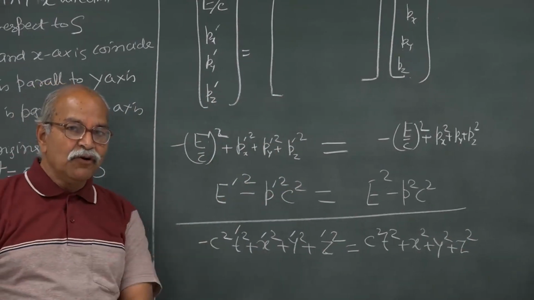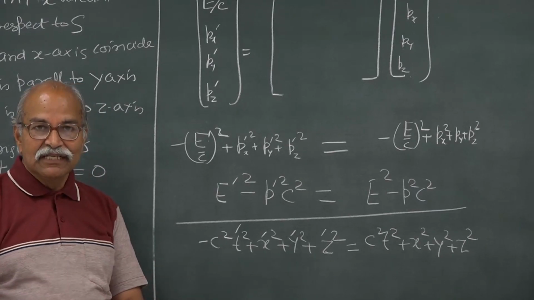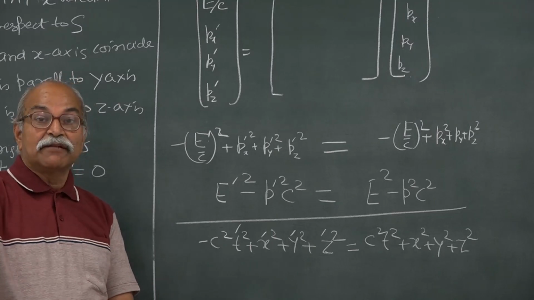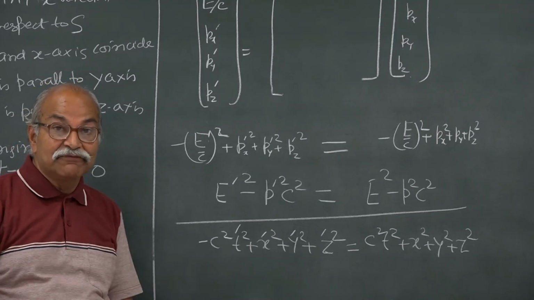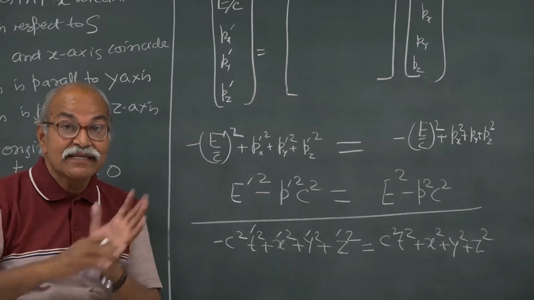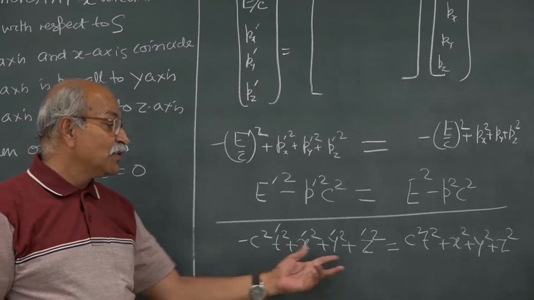No matter how you are going from one inertial frame to another inertial frame, whether the axes of the other frame you have chosen are parallel to the original axes of the first frame or not, whether the second frame is moving in the x direction or not, this quantity is not going to change.